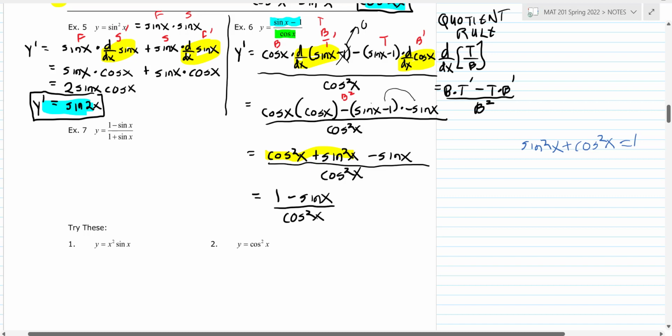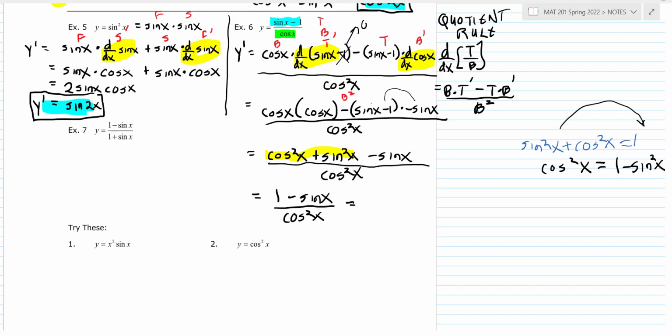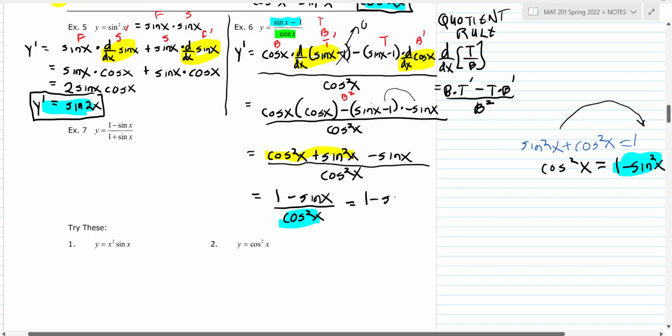But there's more you can do. If you take this identity and solve for cosine squared x, you can rearrange to get cosine squared x equals 1 minus sine squared x. So I'm going to replace the cosine squared x with what it's equal to in that identity. I'll write 1 minus sine x over 1 minus sine squared x.